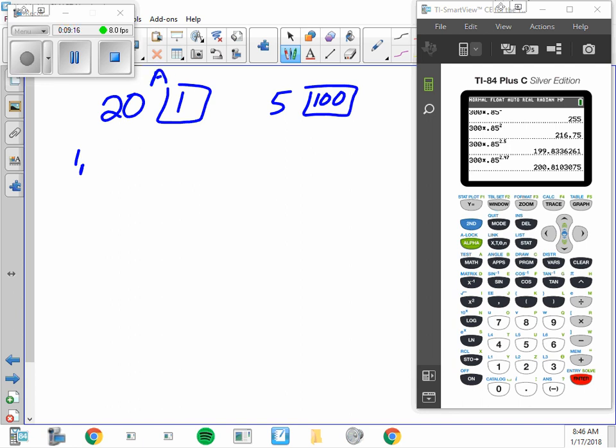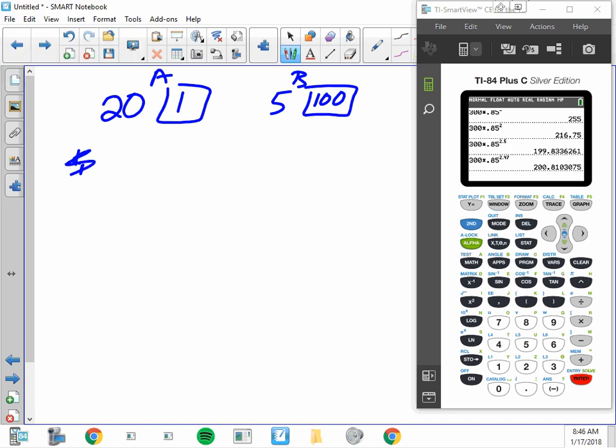So we'll call these A's, and we'll call those B's. That might help. So we could get A1, A2, and then A1, A3, and then A1, A4, all the way up to A20.